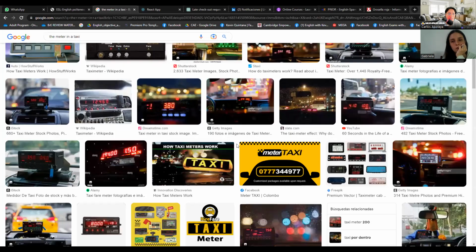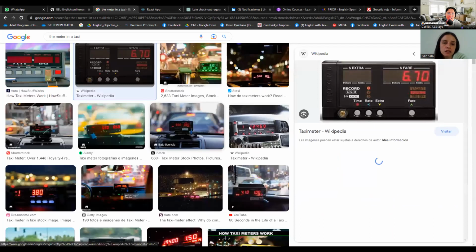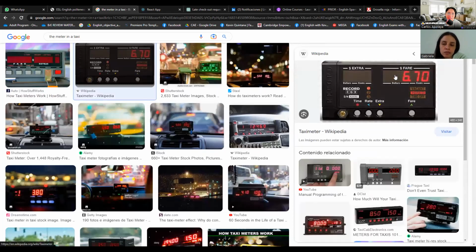It says how many kilometers you have to drive. And then you can see the price, the fare. The fare es la tarifa. Recuerda que en algunos lugares te cobran por la distancia recorrida o por el tiempo. So you have to check the meter.